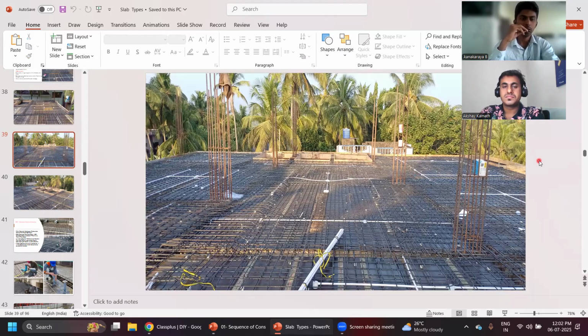Then they have to apply oil over the surface so the concrete does not stick, and to get a rough surface, whether they have provided carpet or not. Carpet is not needed. Few people use it, but we generally don't. Few people use a polythene sheet there. No issues. Then what else will you check?